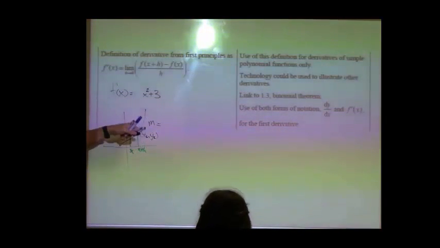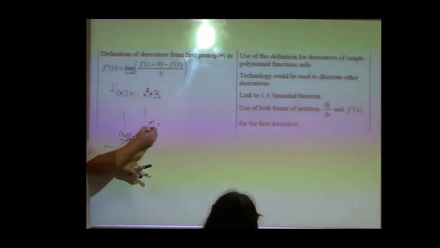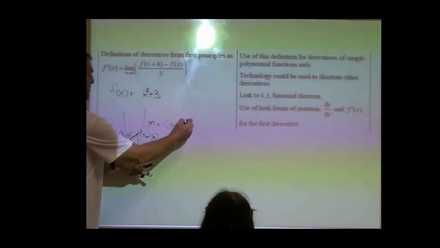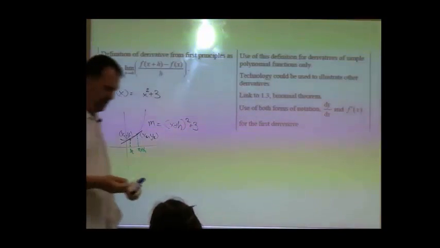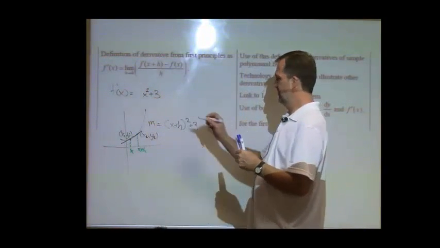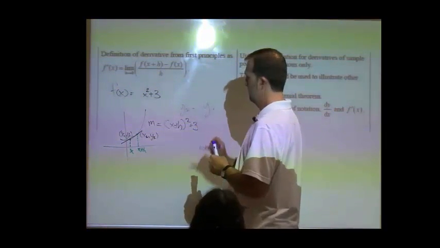So the slope is the difference in y values. Well, this y value is x plus h squared plus 3. Now, do you get where I'm saying that? Yeah. So we have y2 minus y1.